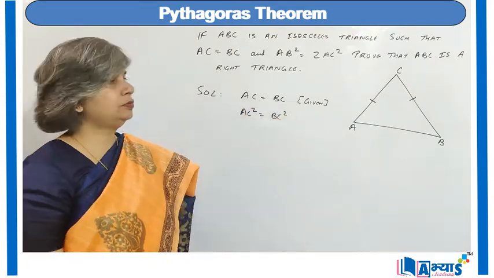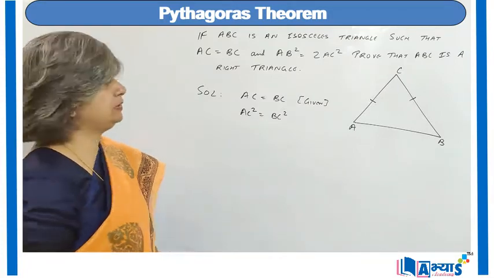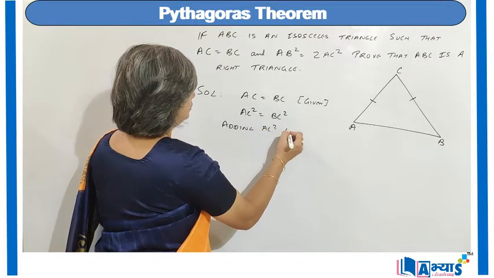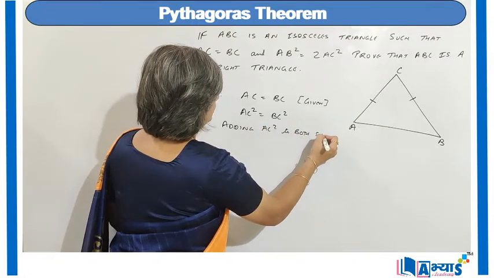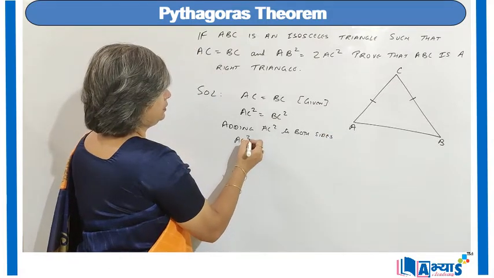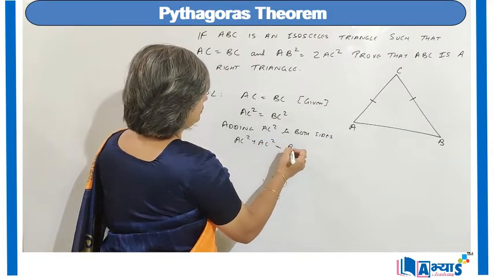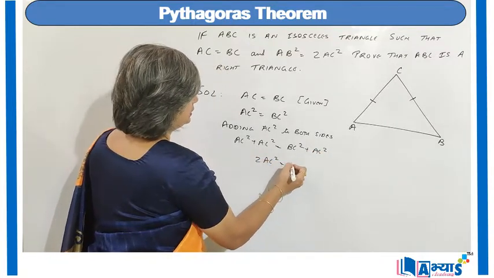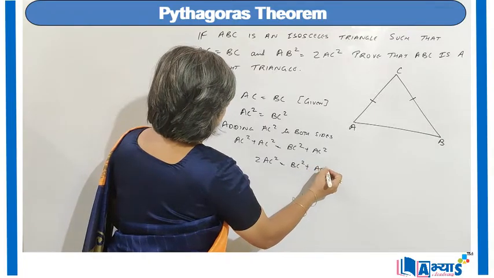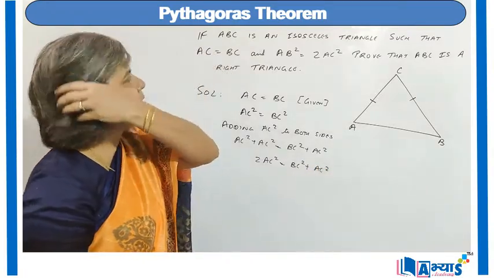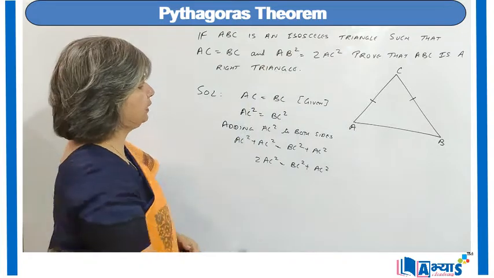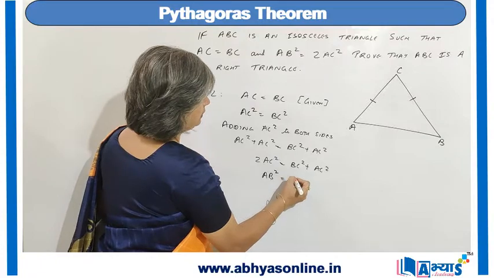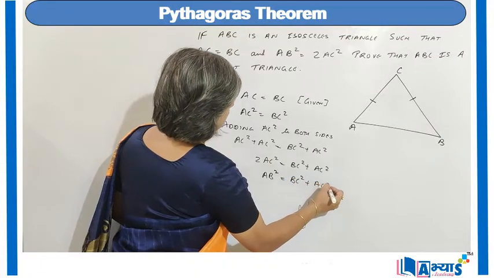So adding AC square to both sides, we will get AC square plus AC square is equal to BC square plus AC square, or we can say 2 times AC square is equal to BC square plus AC square, and we know that 2 times AC square is equal to AB square. So we can replace 2 times AC square with AB square. We get AB square is equal to BC square plus AC square.